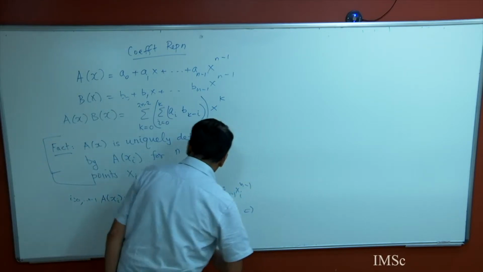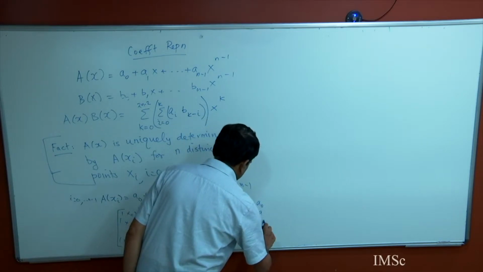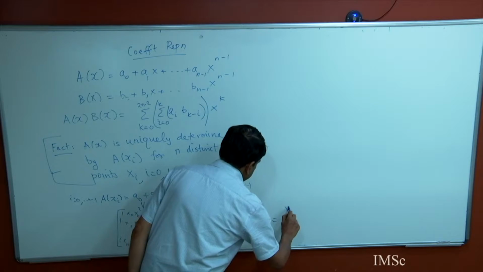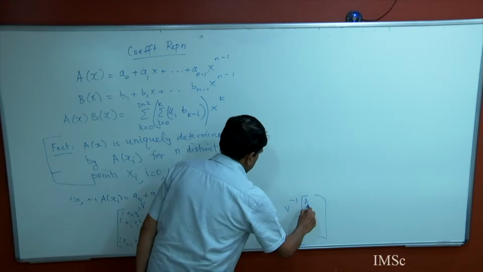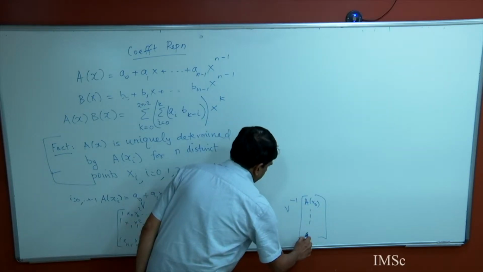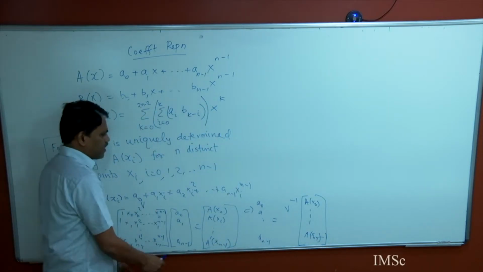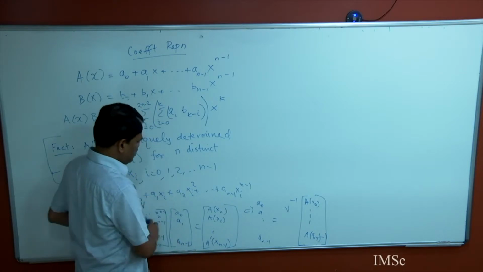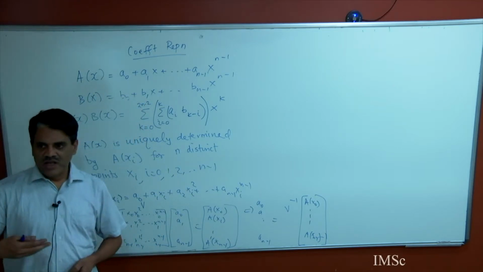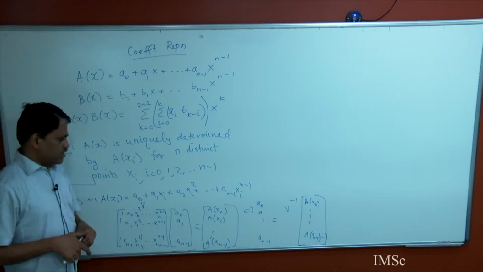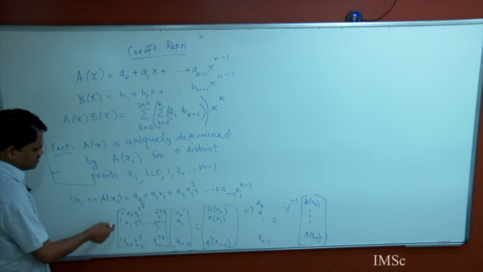Let's call this matrix V, then a0, a1, up to a(n minus 1) is nothing but V inverse times your A(x0) and so on. So V times this column vector is this column vector, so if you want this column vector it is V inverse times that. All I need to argue is that V inverse exists, right. In other words, the determinant of this matrix is non-zero, and it is a very special matrix.